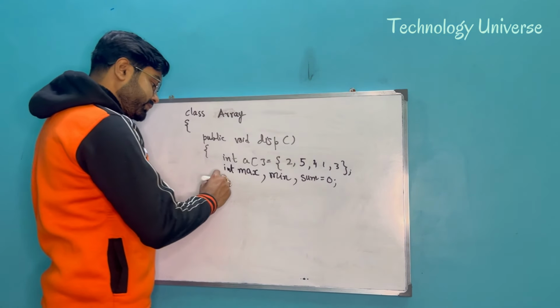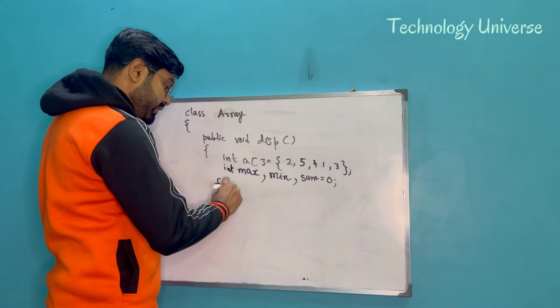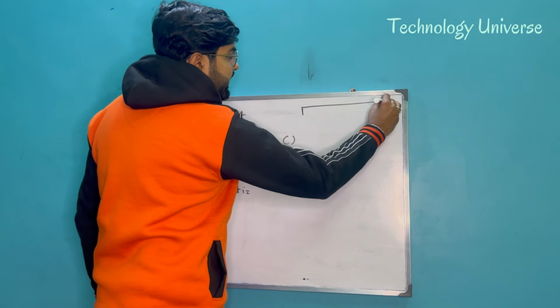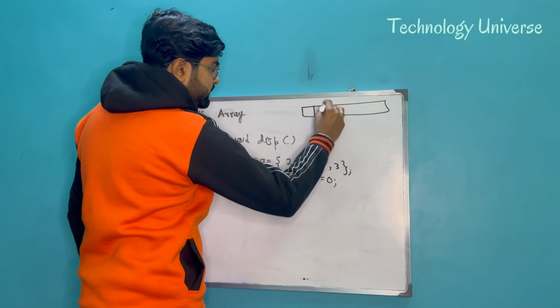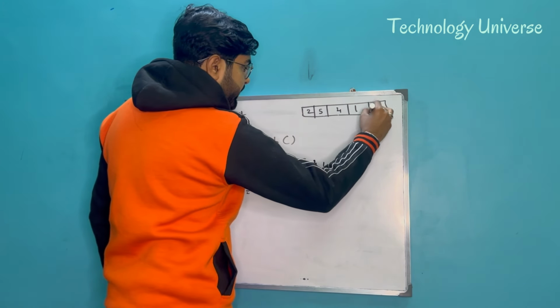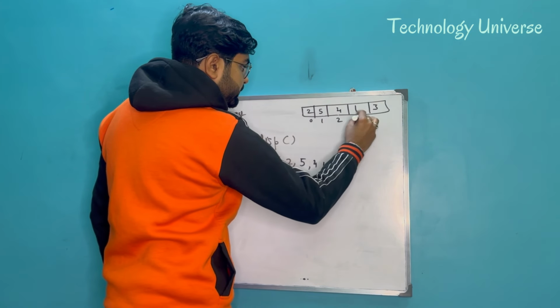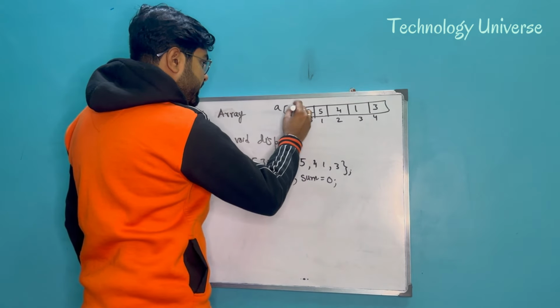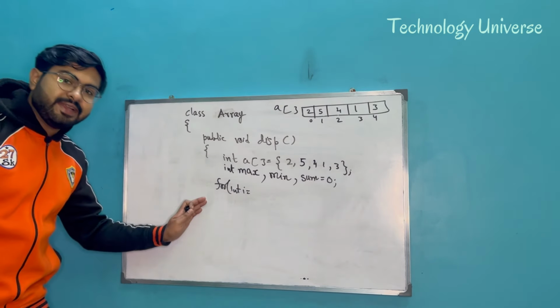Now the for loop would be run with i as the index. So suppose this is the array we have: 2, 5, 4, 1 and 3. This is the array a that we have taken, and we are running the index loop.